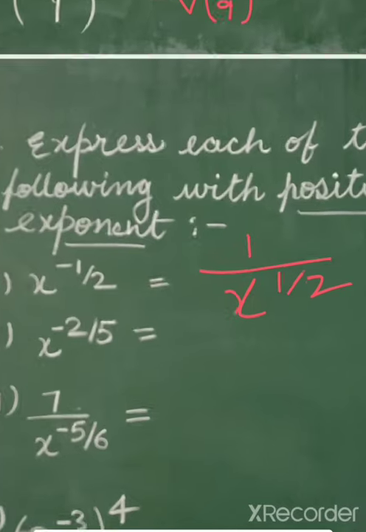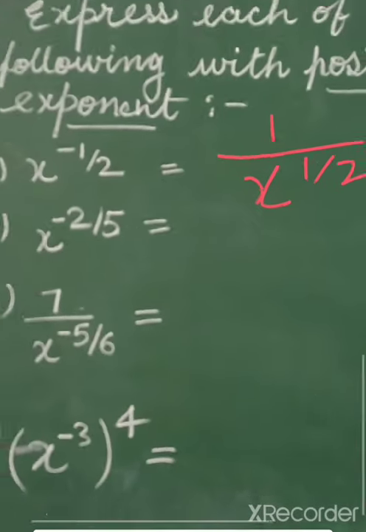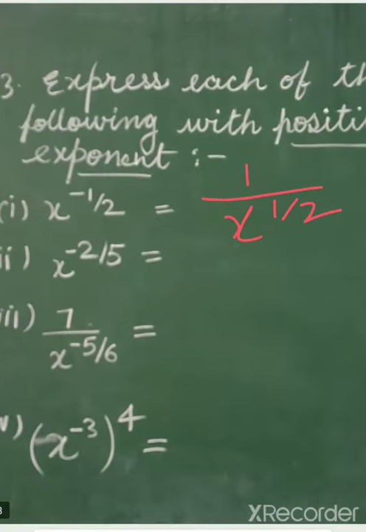Now the second question is x to the power minus 2 by 5. We will write 1 upon x to the power plus 2 by 5. Third is 7 upon x to the power minus 5 by 6. So when the exponent of x is negative 5 by 6, it will be shifted from denominator to numerator to make it positive power.